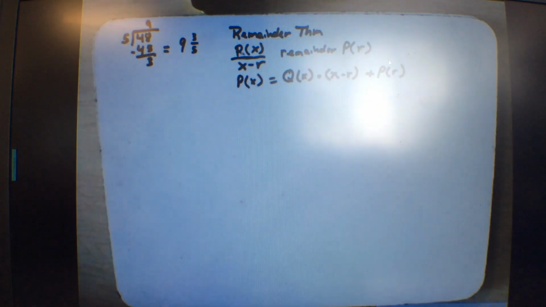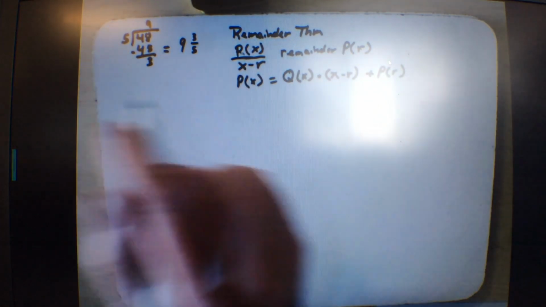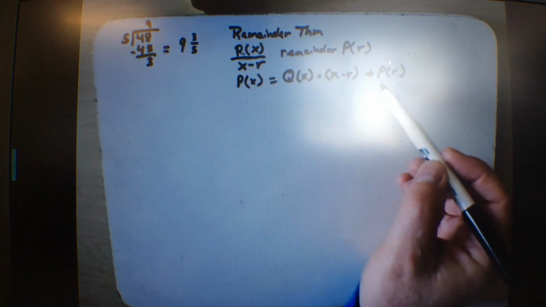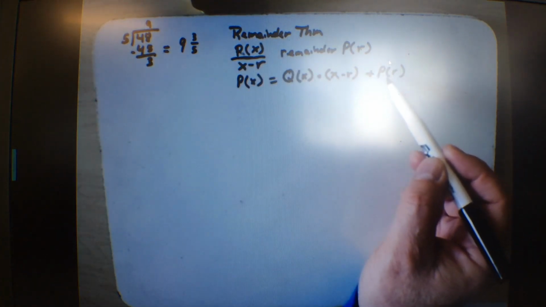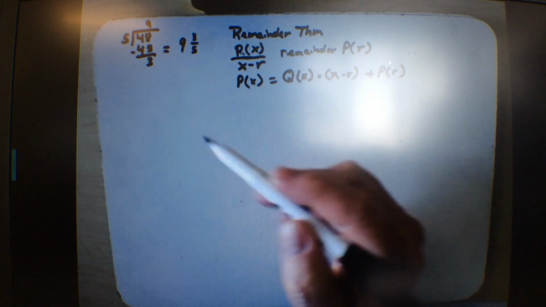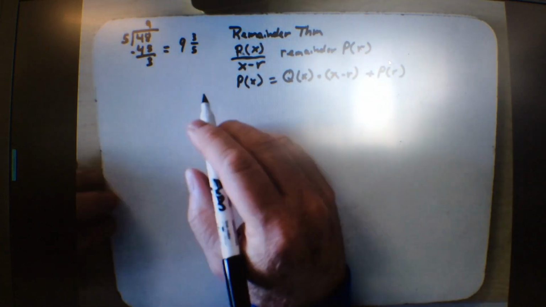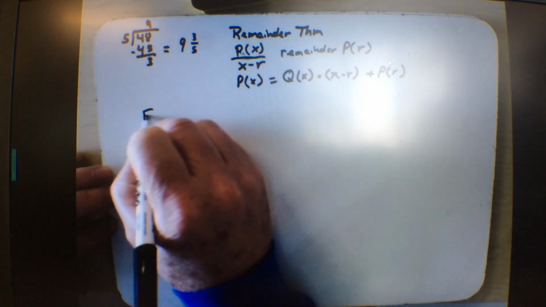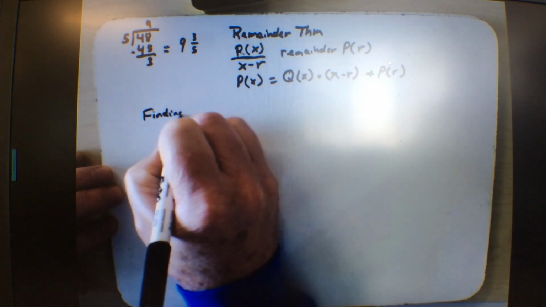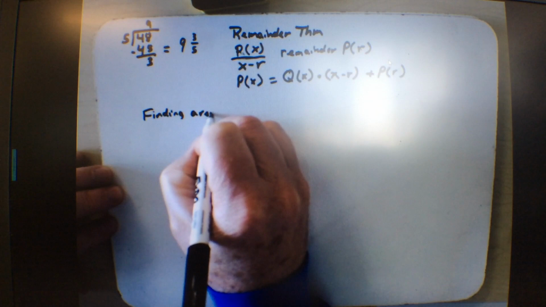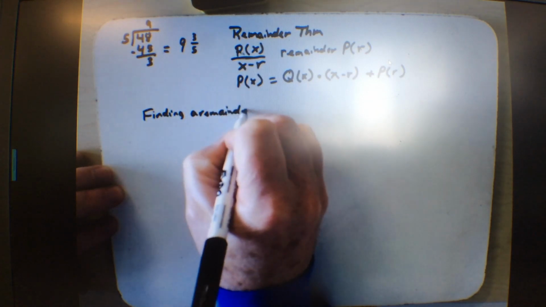Now, this may look like a bunch of gobbledygook to you, but the remainder theorem says that whatever you put in and get back, that is the remainder. All right? So we have two ways of finding the remainder that we're going to use today.